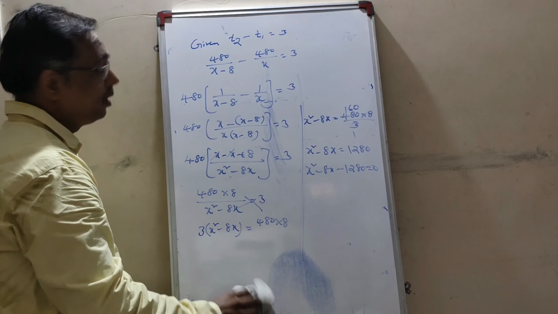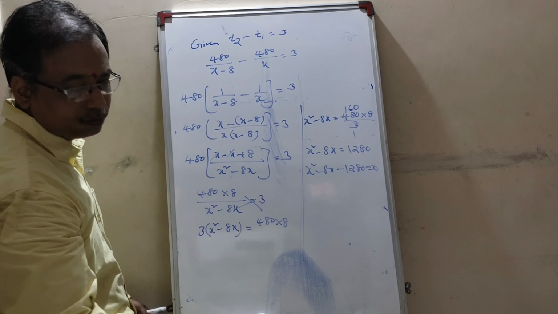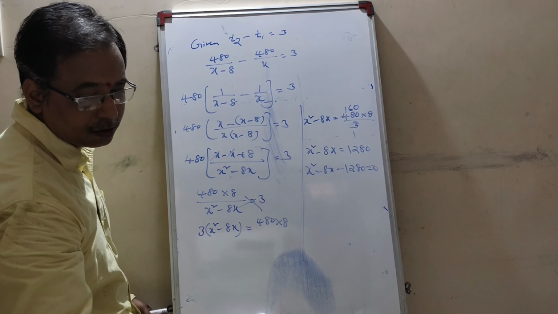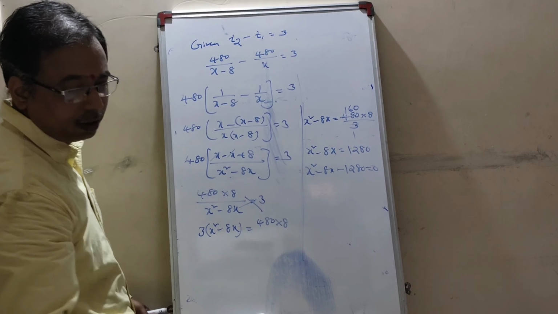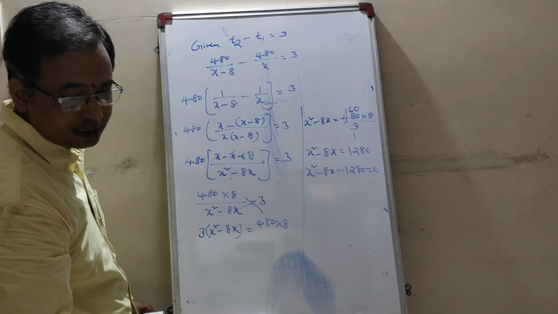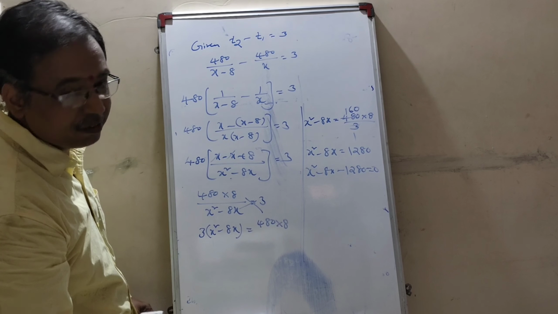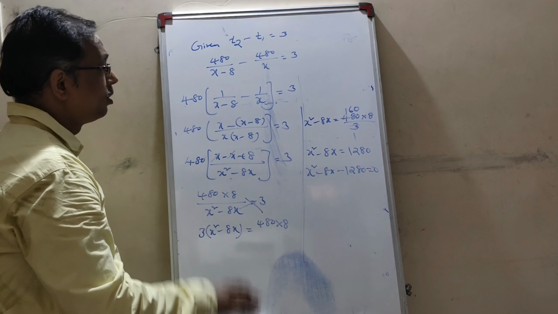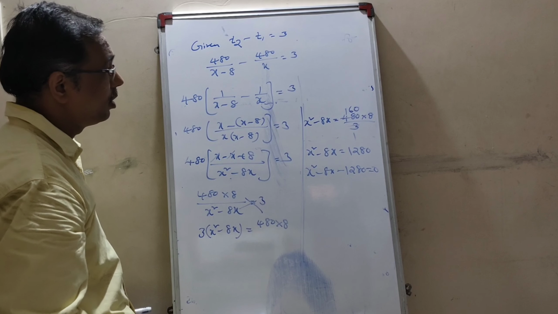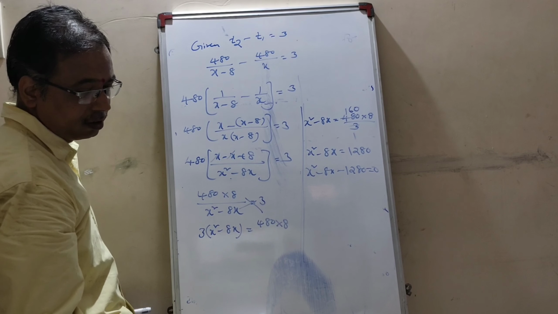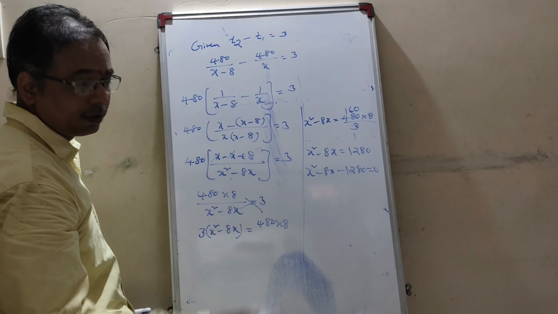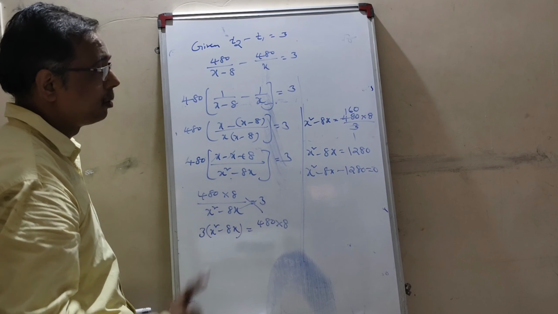Okay. And next we have the other type of important sums. Here we have to solve the quadratic equations by splitting the middle term, that is by the factorization method. To solve a quadratic equation we actually have three methods. One is the factorization method or applying the formula method.